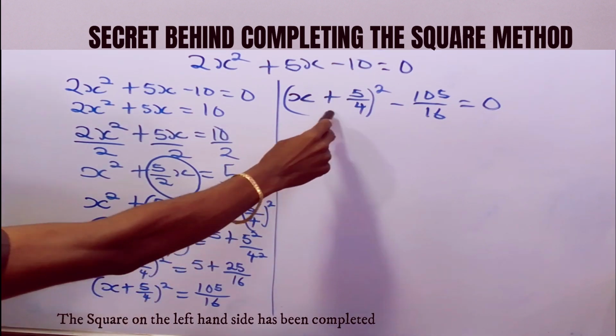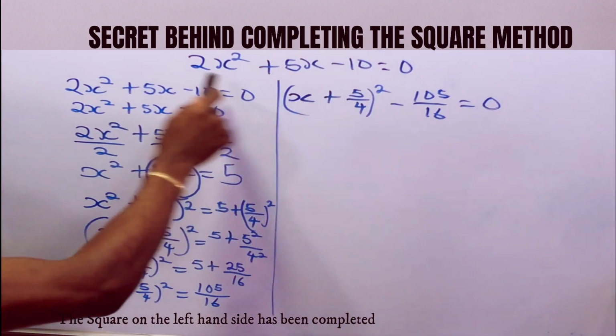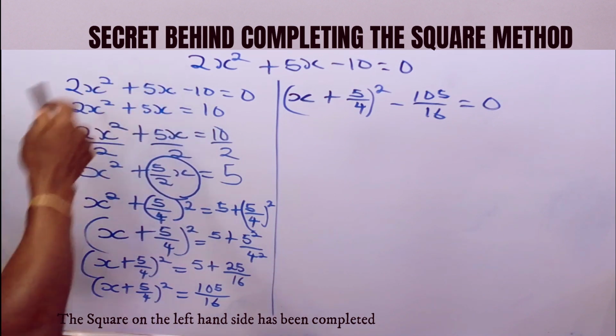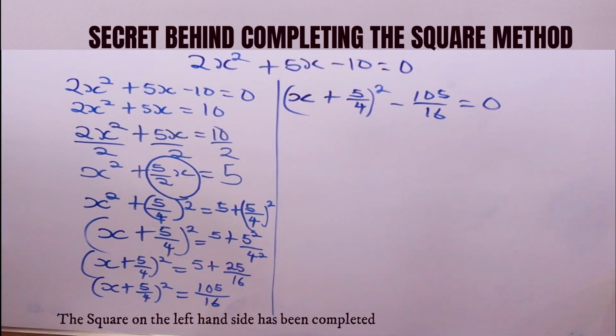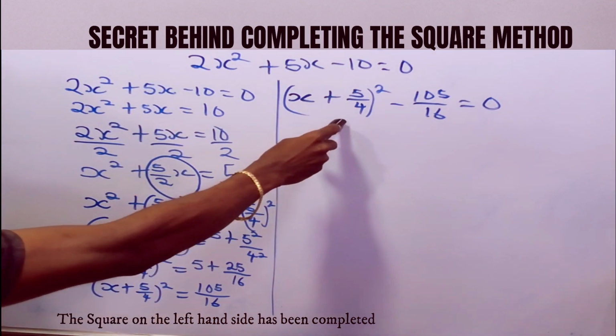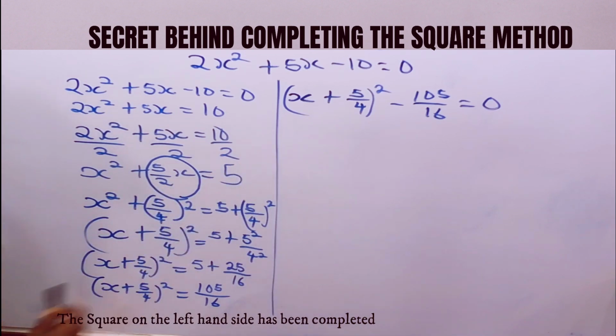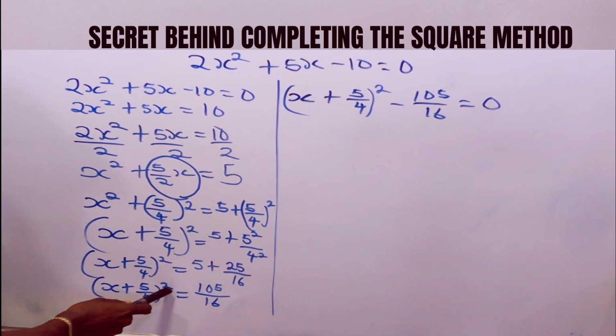Now, this new equation is the same thing as the original equation, because this is what the completing the square method results in. From here we can find the value of x by simply finding the square root of both sides, so that the square leaves x plus 5 over 4.